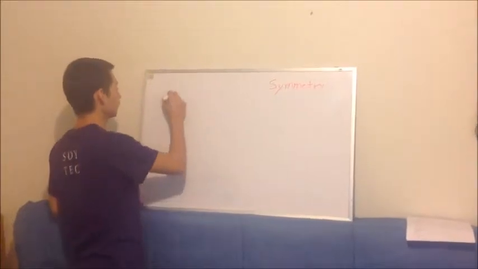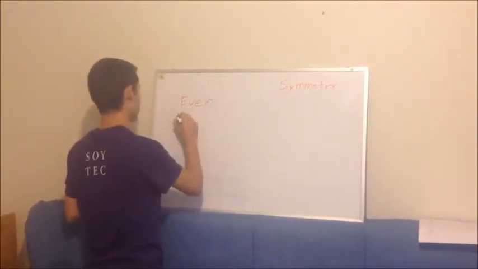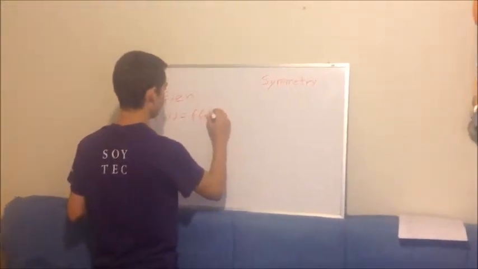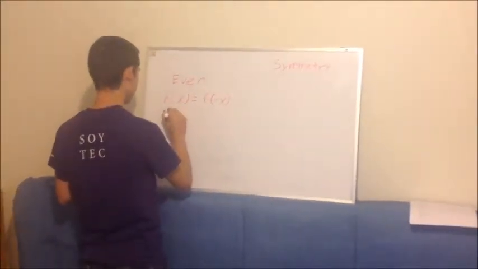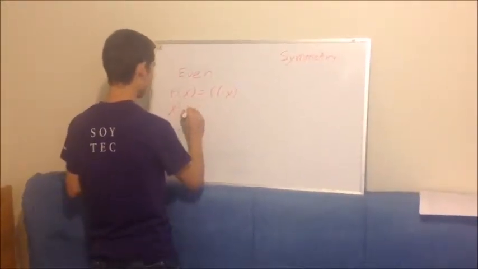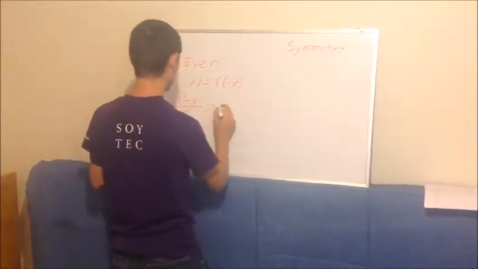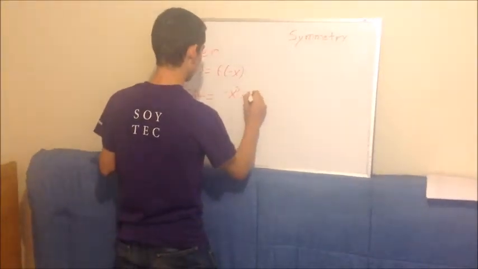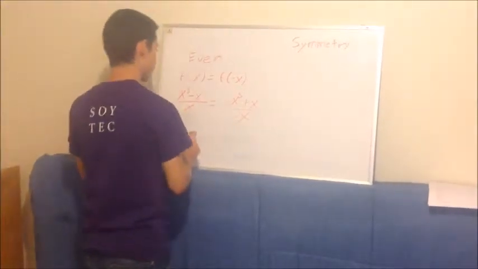The even symmetry says that f of x is equal to f of minus x, and the function is x cubed minus x over x. This is equal to minus x cubed minus minus x over minus x.